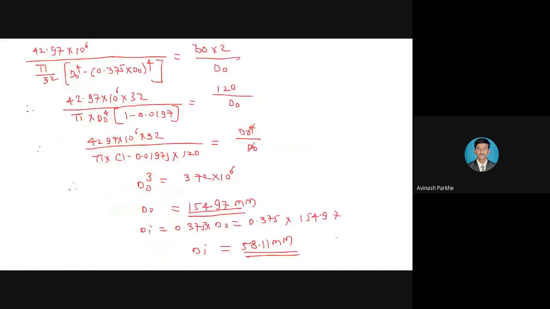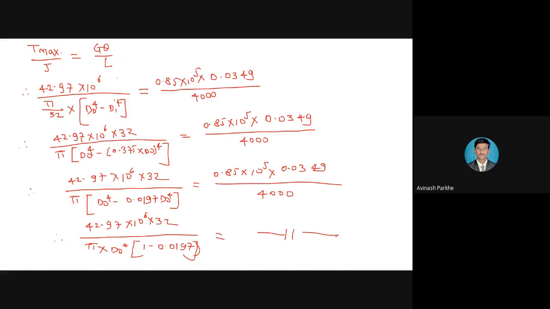If I take this particular term at one side, you can see here 42.97 into 10 raised to 6 into 32 divided by pi as it is, 1 minus 0.197 as it is, multiplied by this 0.85 into 10 raised to 5 into 0.0349.